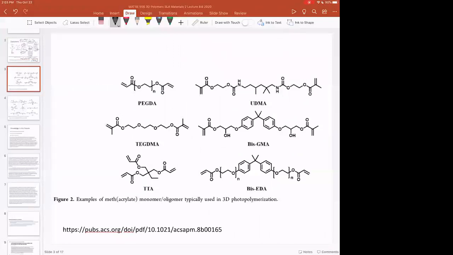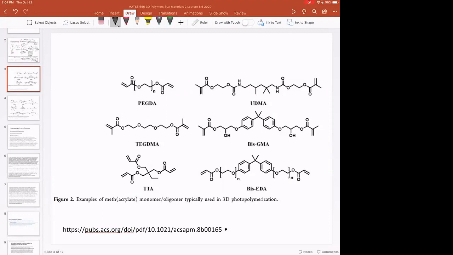So this is a really nice paper, and we'll talk more about this paper later when we talk about photoinitiators and what people use for SLA in general. But this goes through a whole bunch of different types of oligomers that are used for SLA. We've looked at a couple of these before, but this talks about it in detail.